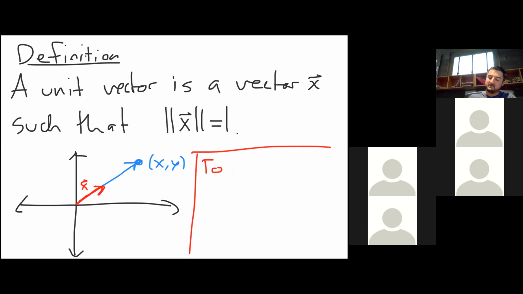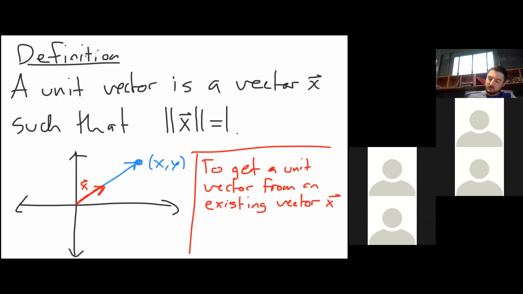So to get a unit vector from an existing vector, all you need to do is figure out what the norm of that vector is, divide each entry by it, or multiply it by 1 over that norm.